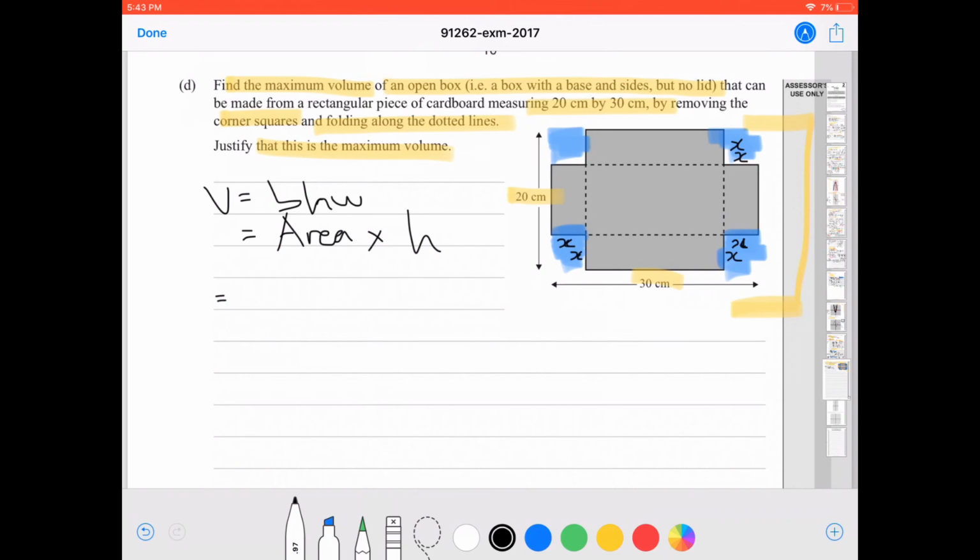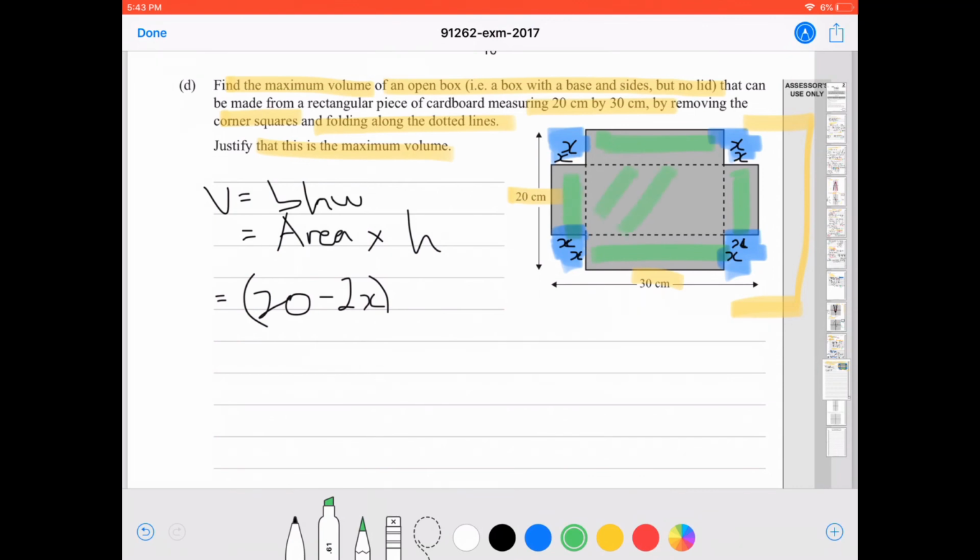As we look at our plan, we are going to say 20 minus 2 times x. Okay. Now this might not make sense, but the way I'm attacking the question is not by trying to find the individual dimensions or area or volume of each part.